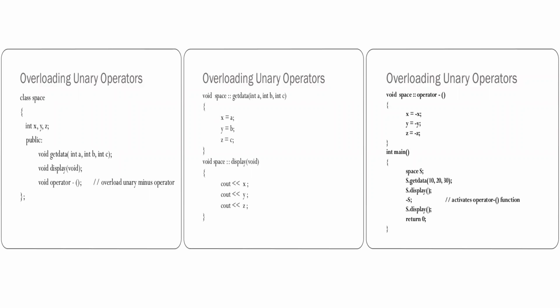This is an example for a unary operator. Now look here carefully, children. I have tried to bring it in one complete slide so that it doesn't get divided. The name of the class is space. It has three data members, x, y, z, and three member functions: get data, display, and operator is also one of its functions, a member function.